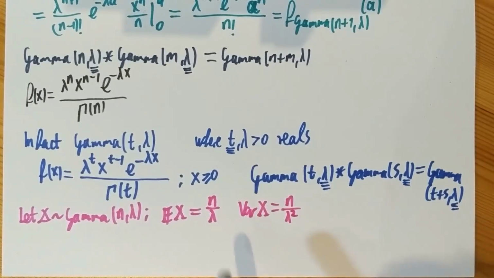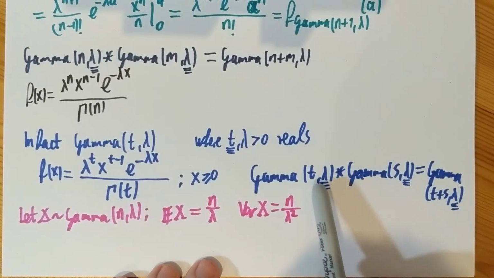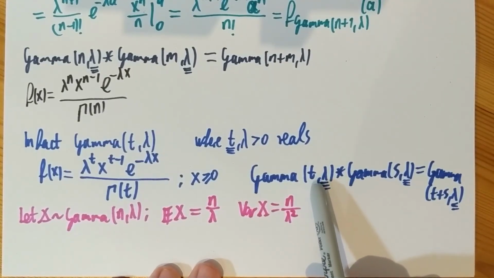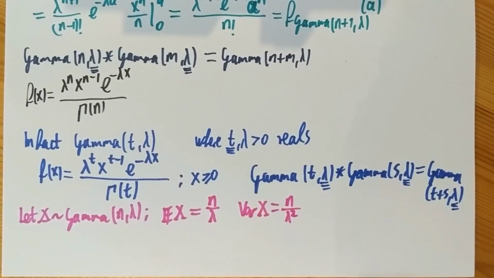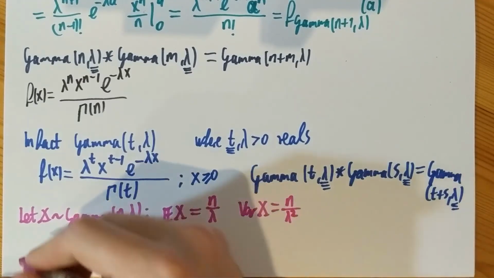So the variance of gamma will be n over lambda squared, and the mean will be n over lambda, immediately from the convolution property. Anybody interested can also figure it out for non-integer shape parameters. In that case, you can work out the expectations and find that this is still true for non-integer n's.